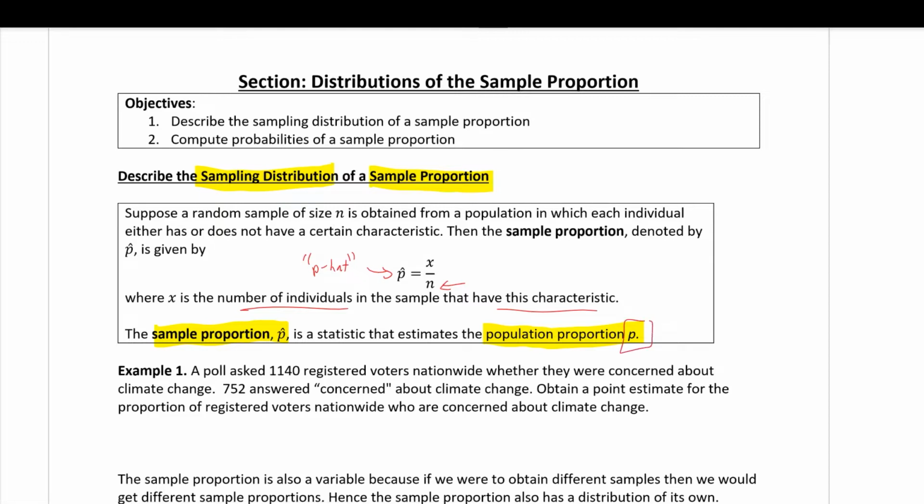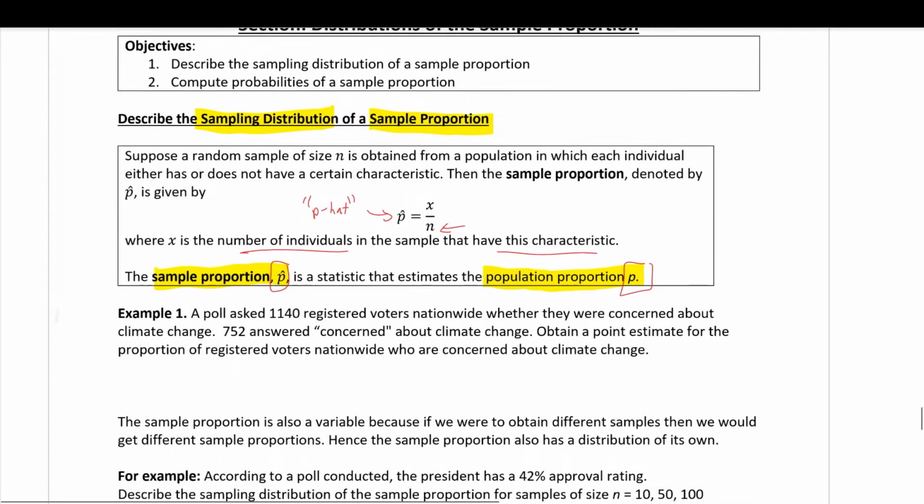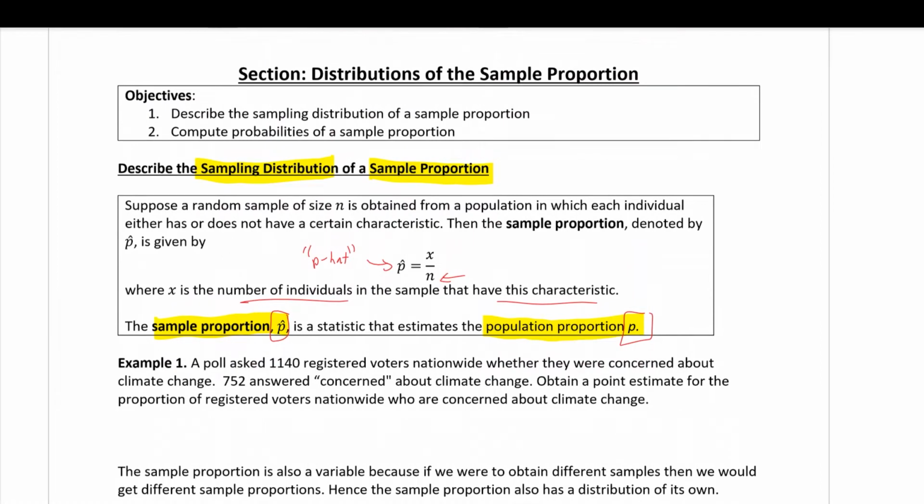So p is like the true value. The population proportion is the true value. If you don't have access to all the population data, the best we can do is take a sample, do the exact same calculation, x over n, but we call that p hat. This is an estimate of the population proportion.